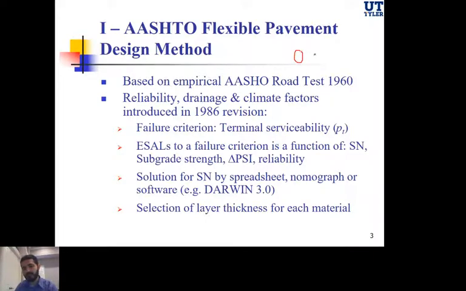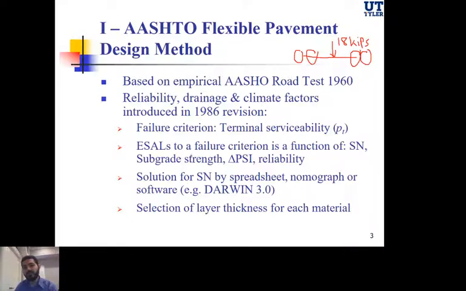Basically the equivalent single axle load is two tires from one side, and two tires from the other side. So this is the dual tire equivalent single axle load, and it has a certain amount of load, which is about 18 kips. 18 kips means 18,000 pounds, which means every tire will handle about 4,500 pounds.